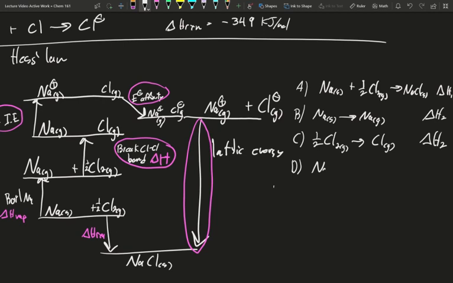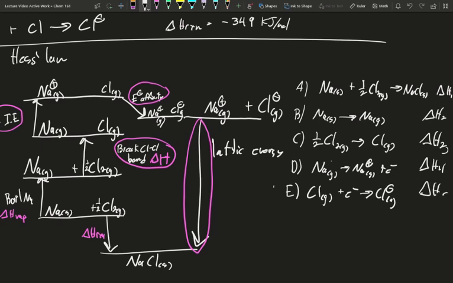The ionization, our sodium gas going to sodium cation gas plus an electron. Your chlorine gas plus an electron going to chlorine minus gas with its own delta H. And finally, your Na plus gas plus your Cl minus gas going to NaCl solid.